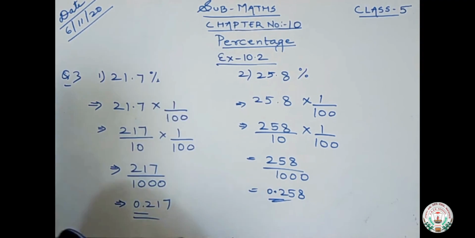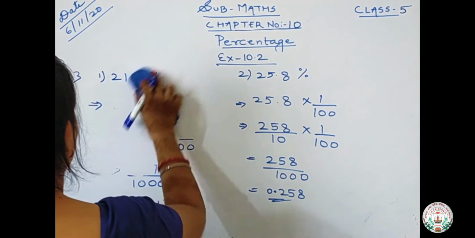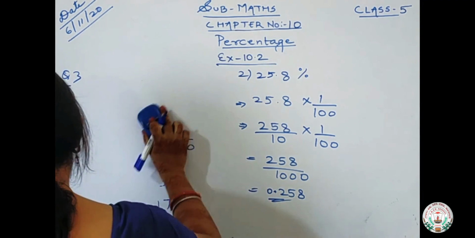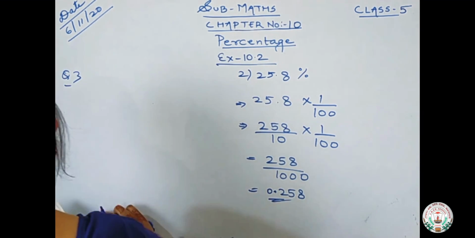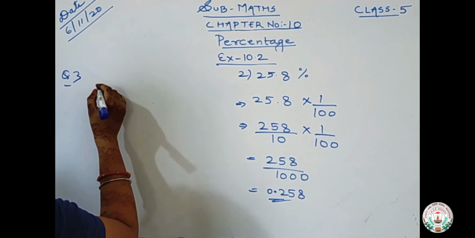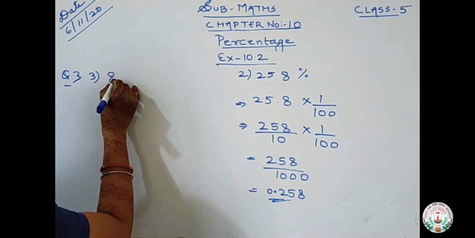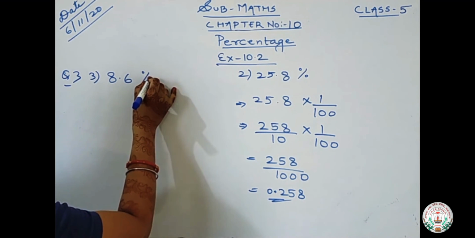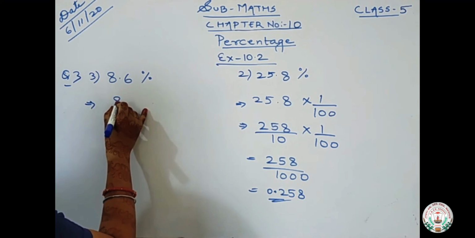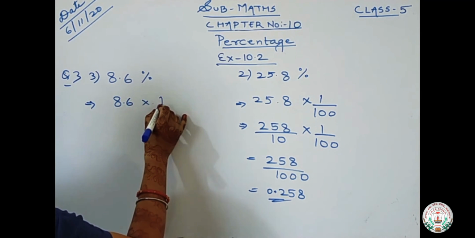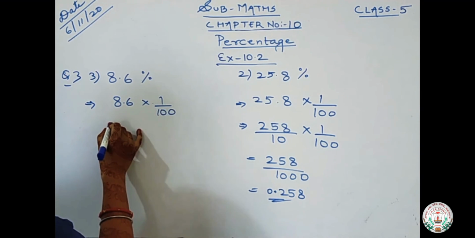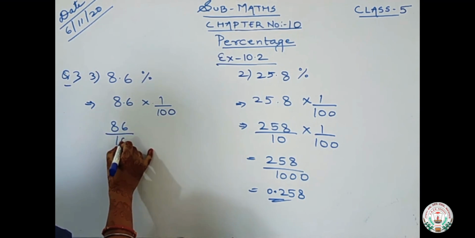Okay, next one is number 3. What is number 3? 8.6%. 8.6 into 1 upon 100. 86 upon 10. Understood now?